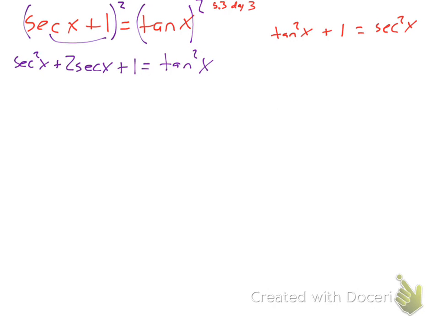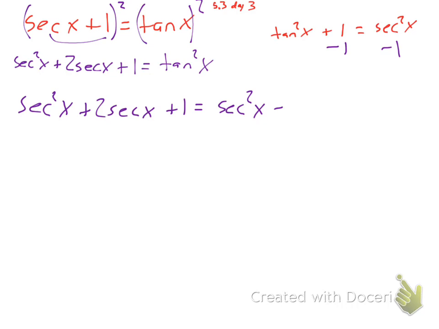Tangent. Get rid of tangent. What would I have to do with this one? Replace it, so this then equals secant squared x plus 2 secant x plus 1 equals secant squared x minus 1.